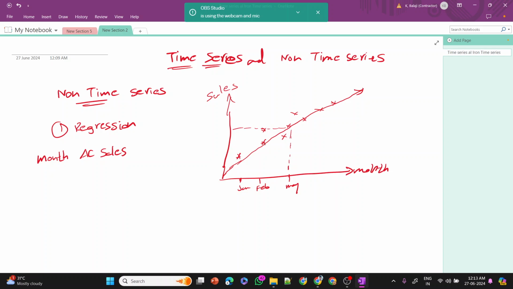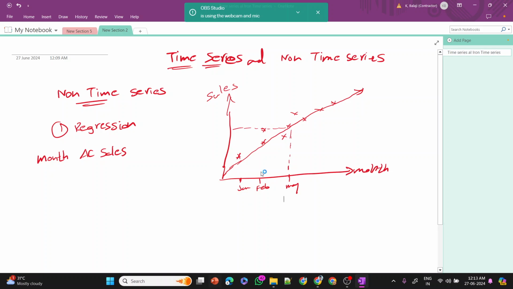In this use case we have used a time period, but each time period does not depend upon another time period. This kind of problem is called as non-time series problem.